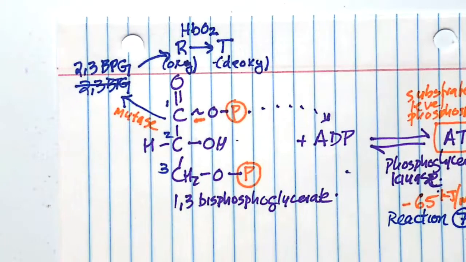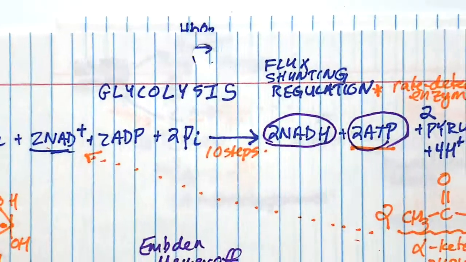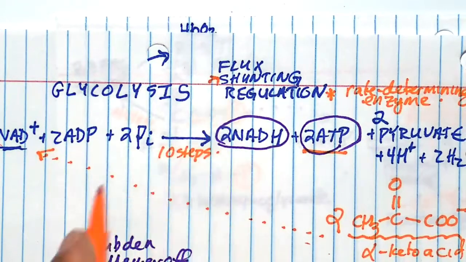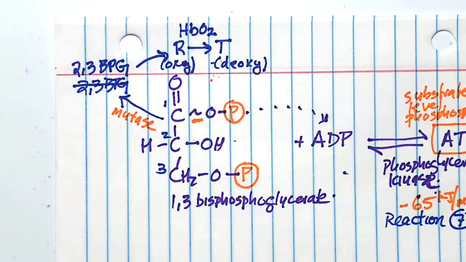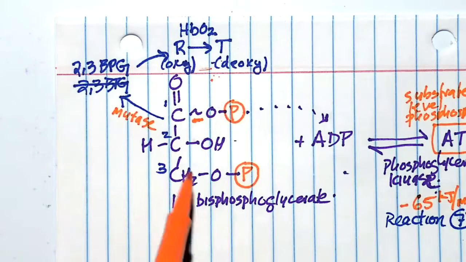Right, so this is an example of shunting. This is why we don't perform the glycolytic reaction in one step, okay? Because we can make intermediates that allow for shunting to other important aspects. And in this case, that important aspect is regulating oxygen binding to hemoglobin.